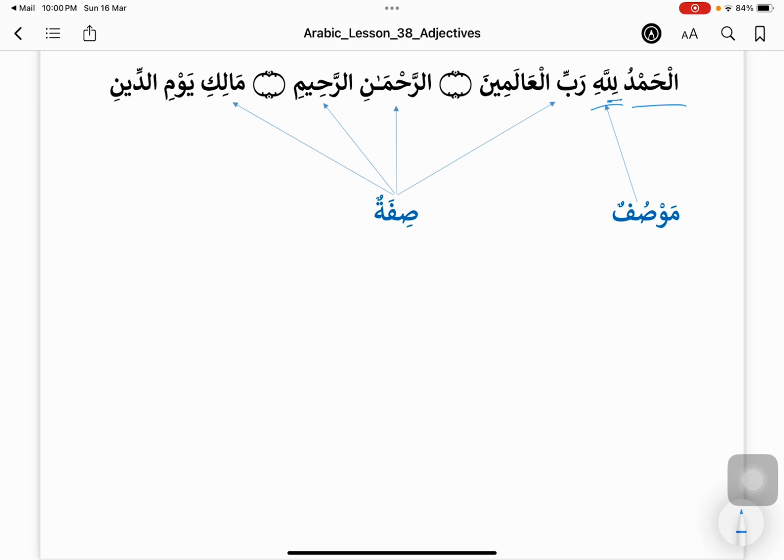This lam, li, puts a kasra at the end, and Rabbi again is a sifa. Allah is the Rabb, so Rabbi, and it's also mudaf, as we will see in the next couple of slides. Rabbil Alamin, we will come to this. So Rabbi is mudaf, Alamina is mudaf ilayhi, but the sifa is Rabbi.